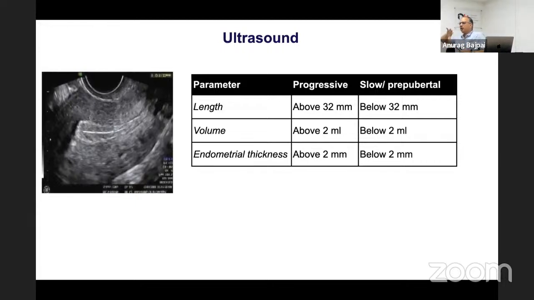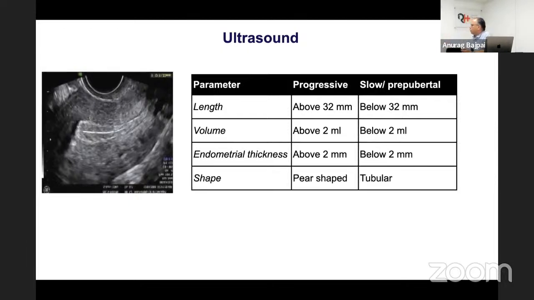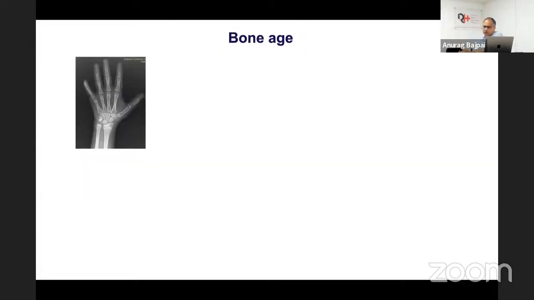Now, whether this is progressive or non-progressive, that is the second question, which Vibha had already mentioned. Shape often may be a very good marker. If you see a pear-shaped uterus, where the cervico-corpal ratio is more than 1, rather than a tubular structure where your cervix and corpus are both the same size, this is more likely to be a pubertal uterus.